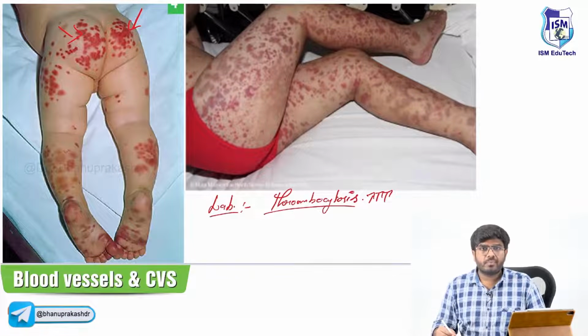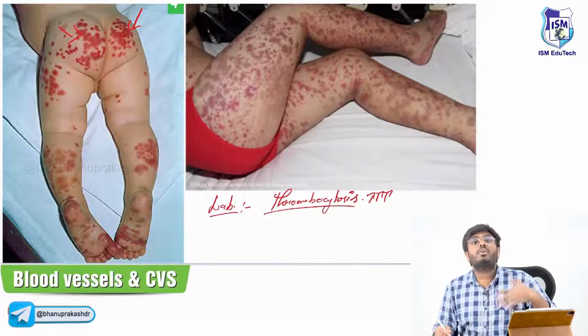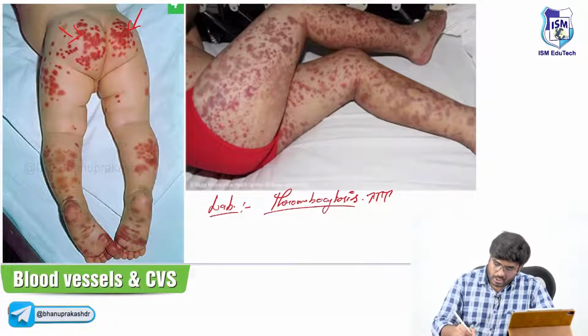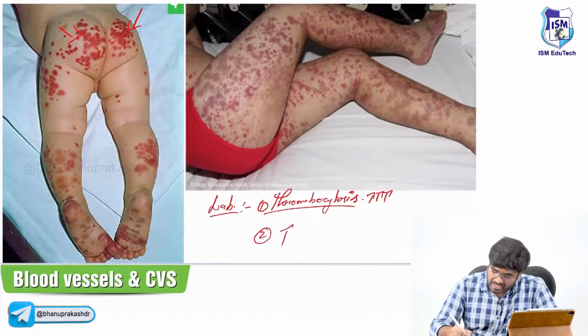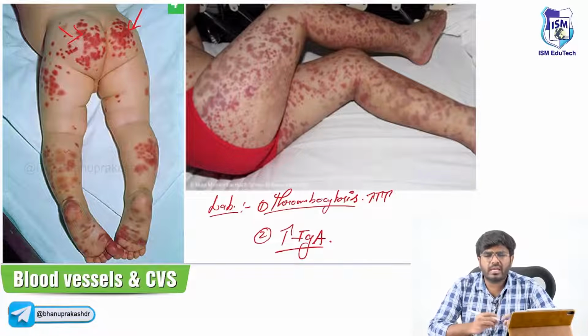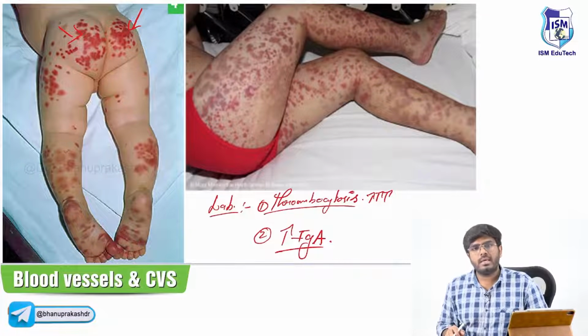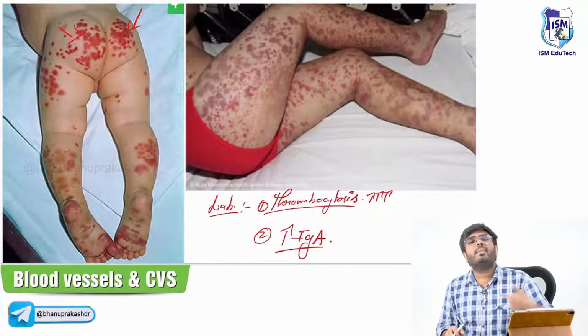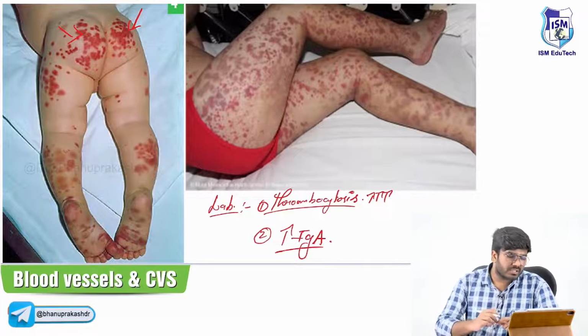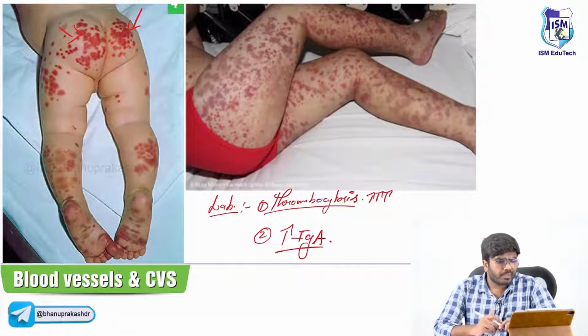Not thrombocytopenia, it's thrombocytosis that is seen. Second, they are going to have high levels of IgA antibodies. That IgA antibody deposition in the vessels is causing the inflammation in the vessels. That's causing the vasculitis. Okay, done. So Henoch-Schönlein purpura is also completed.